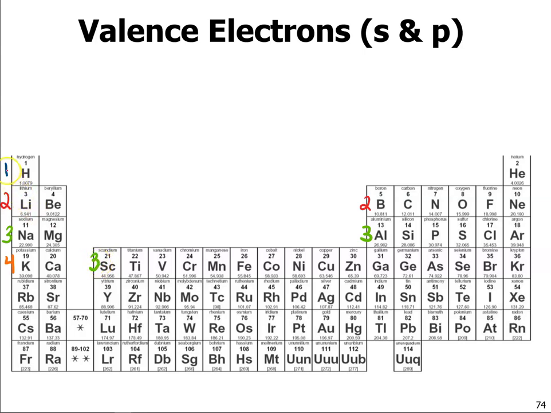So the s orbitals start with 1, the p orbitals start with 2, the d orbitals start with 3, and when we get down to the f orbitals, those start with a 4. This is just how that works. Remember, we talked about the principal quantum numbers, and it's all based off the idea that the larger the shell is, the more different options we have for the orientation of those orbitals.